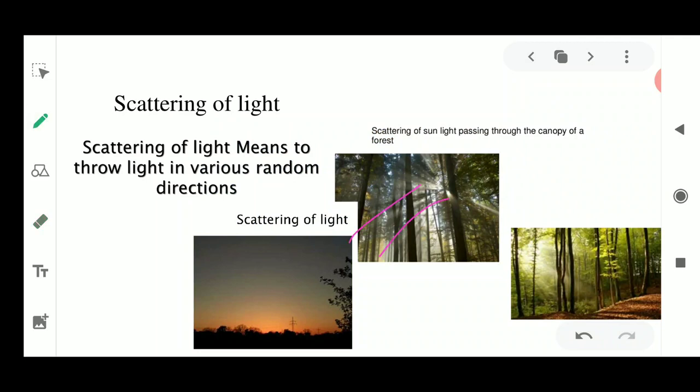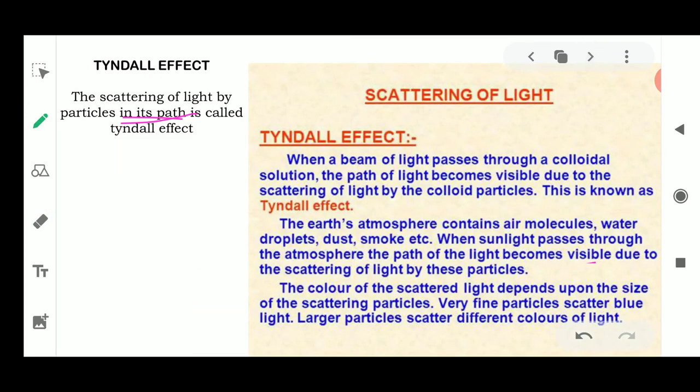Now why is it moving in a particular direction? If a room is full of dust particles and you throw a beam of light inside that room, you will see that a particular cone-like structure is formed. So this is known as the Tyndall effect, where the sunlight is passing through the atmosphere.